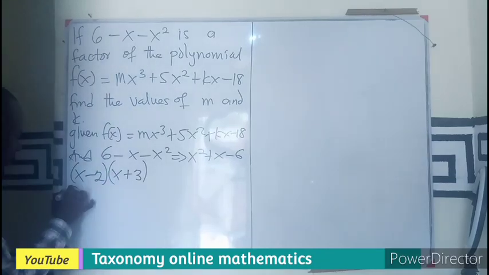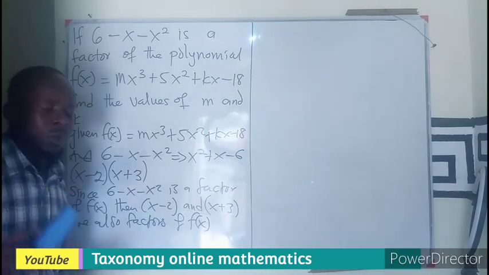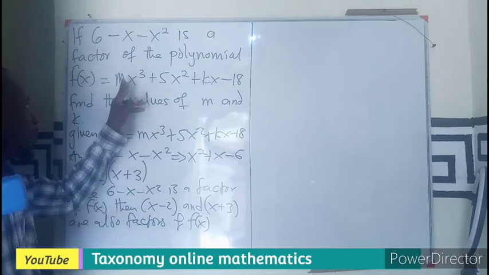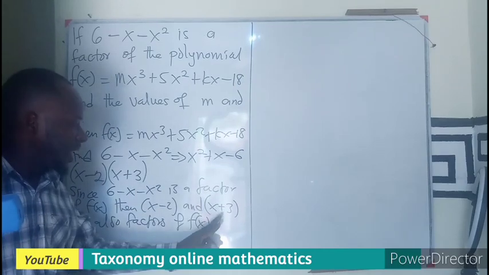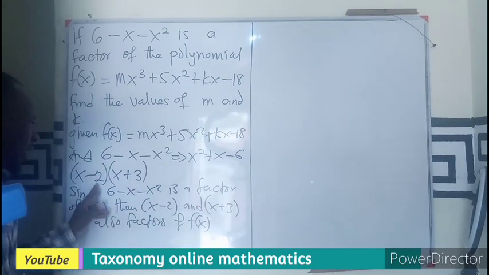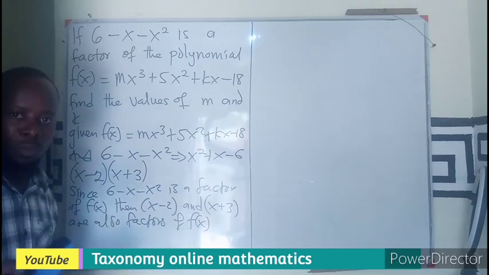So since we are saying that the quadratic is a factor of the polynomial, then it means that each factor, that is its factorization, the x minus 2 and x plus 3, will also be a factor of the same polynomial.